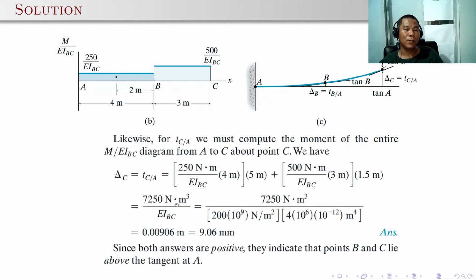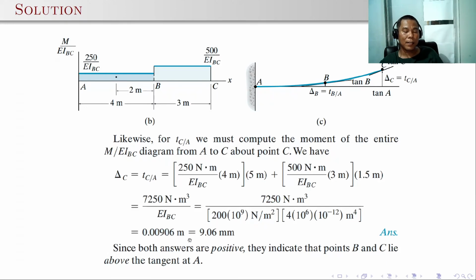So that's 250 times the length 4 times the moment arm taken from C. The centroid of this rectangle is 2 meters from point B plus the distance 3 meters from point C to B. So that is why 3 plus 2, that's 5 meters, plus the 500 over EI times the length 3 meters times the moment arm with respect to C, that's 1/2 of 3 or 1.5 meters. And calculate delta C by substituting the values of E and I.